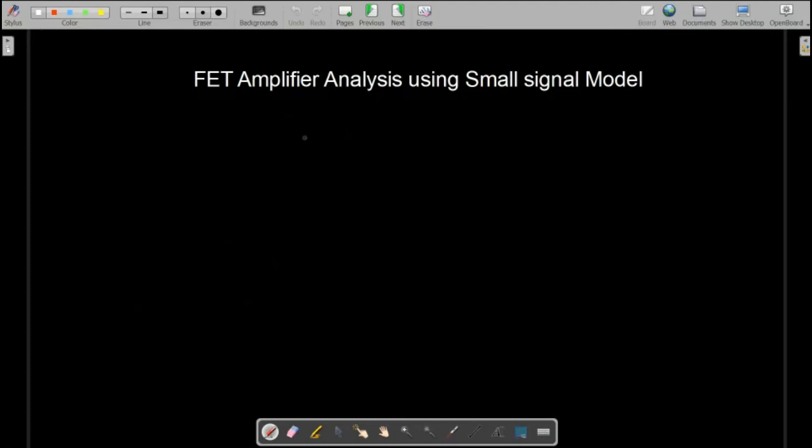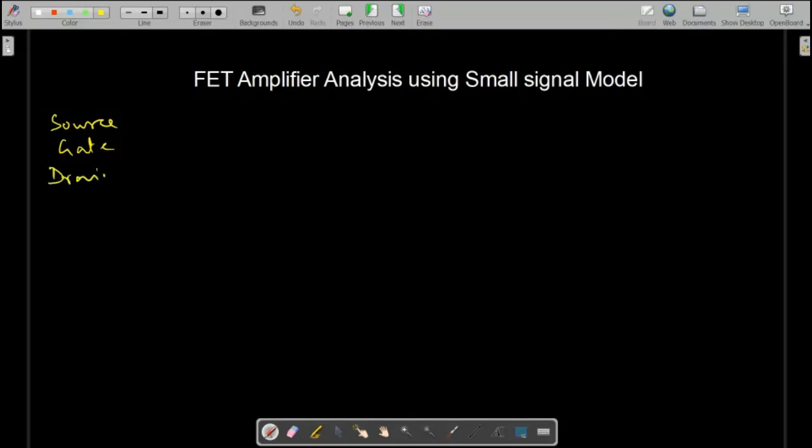Now, what are the different types of FET operating modes? For BJT we have common emitter mode, common base mode, and common collector mode. For FET, it is a 3-terminal device. The terminals are source, gate, and drain.